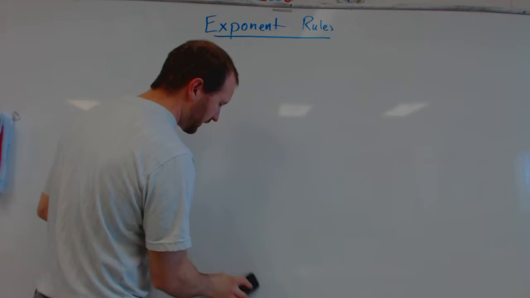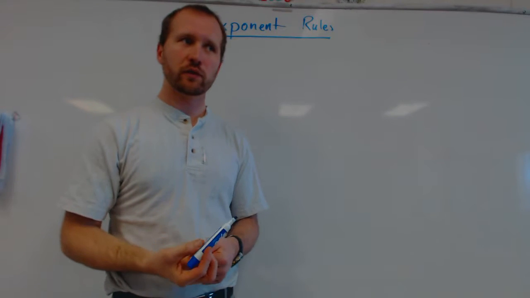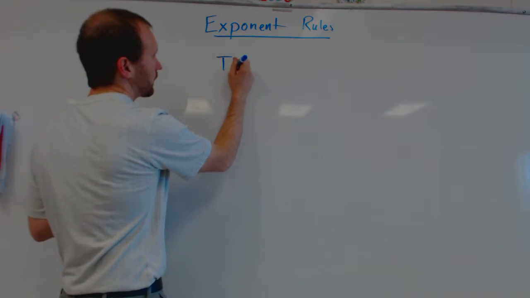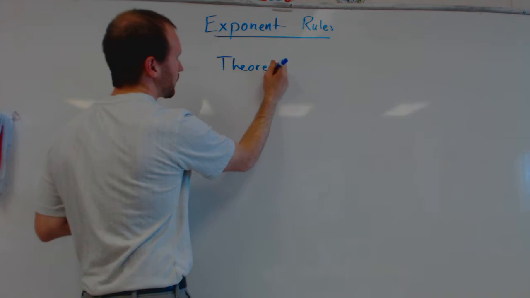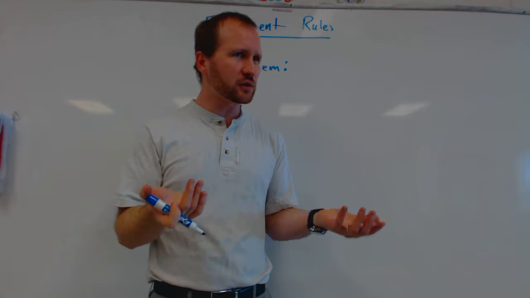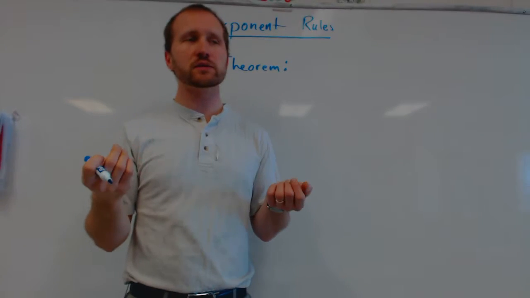So using our definition, we're going to do something called a proof. We're going to prove this theorem. A theorem in math is a rule, like a definition is a rule, but it's a rule that we actually have to prove is true.